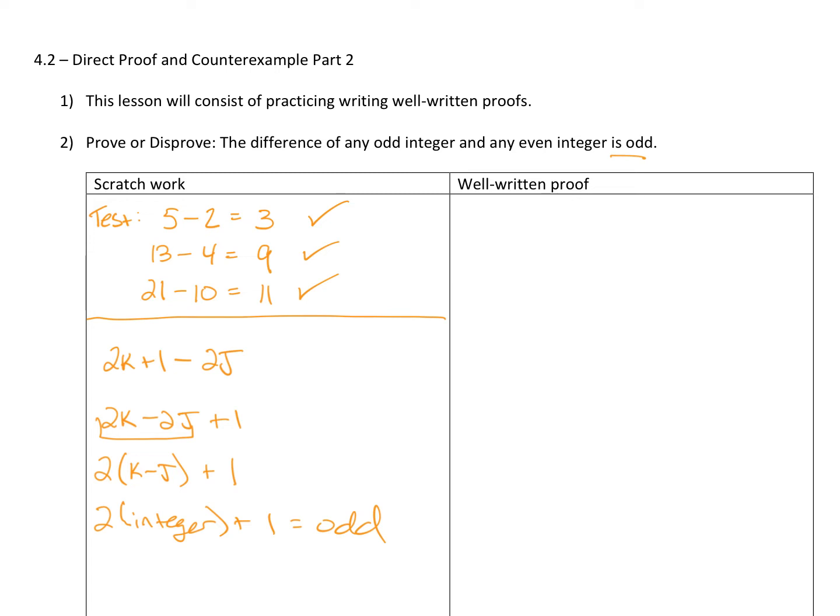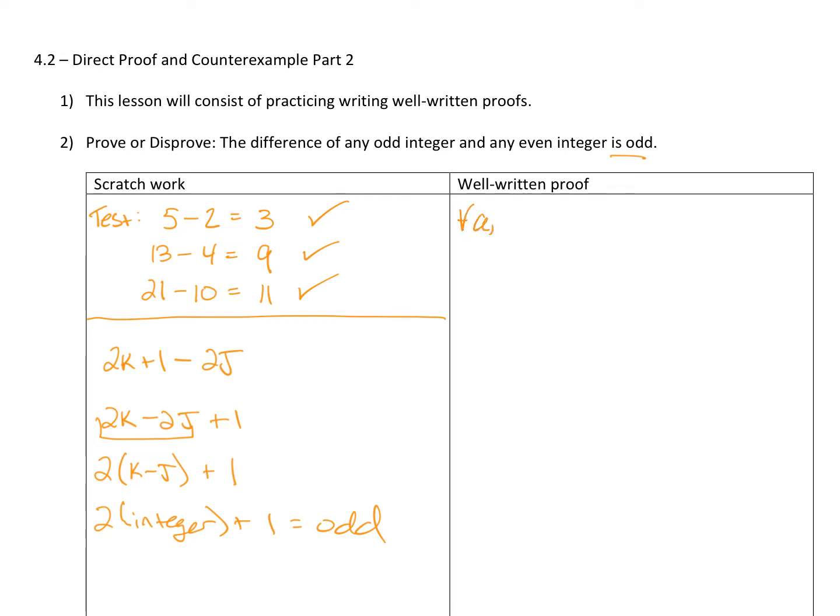So first, we write out the original statement in more formal language, which we can do in our head, right? It says for any integers a and b, if a is odd and b is even, a minus b is odd. So let's go ahead and write it out.